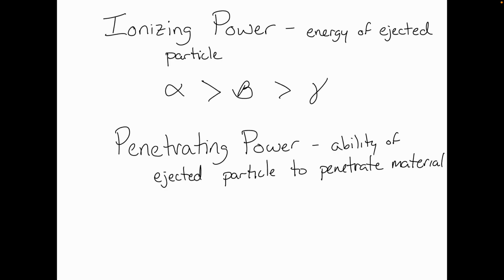All right, so which one do we think would be the best at, say, penetrating your hand? The gamma, right? So then it's the exact opposite consideration. The smallest one has the greatest penetrating power, followed by the beta particle. The alpha particle is just very large, bounce right off, right? The least penetrating power.